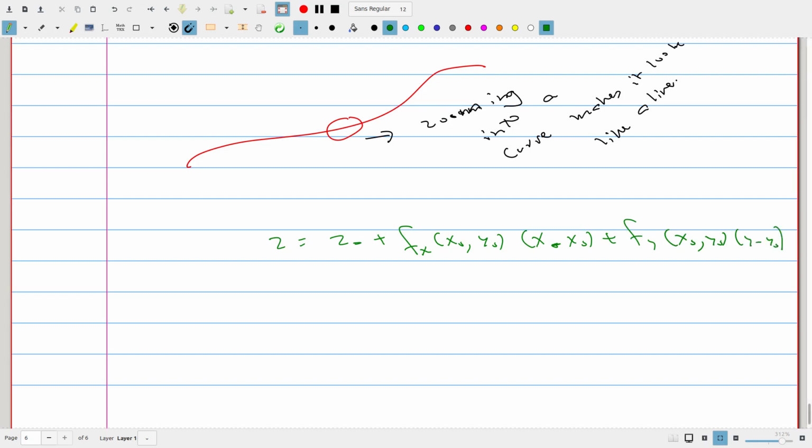Now we have this expression, this linear function: z is a linear function of x and y. The problem is we want to approximate f of x, y near x0, y0, right?